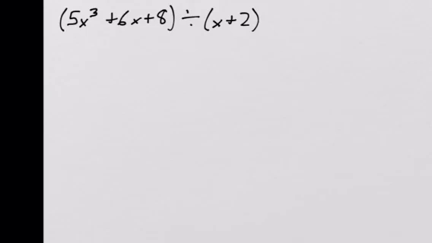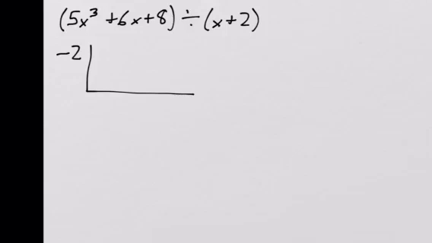So that's going to be if I take 5x cubed plus 6x plus 8. And we're going to divide this by x plus 2. So, again, x plus 2 is the same thing as x minus negative 2, so I can put the negative 2 up here.